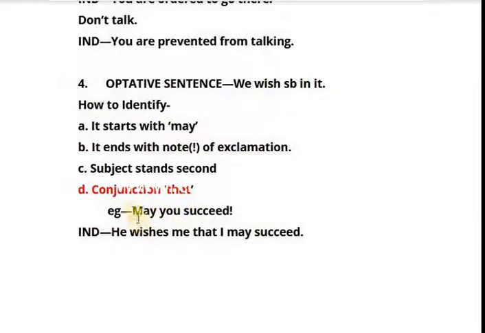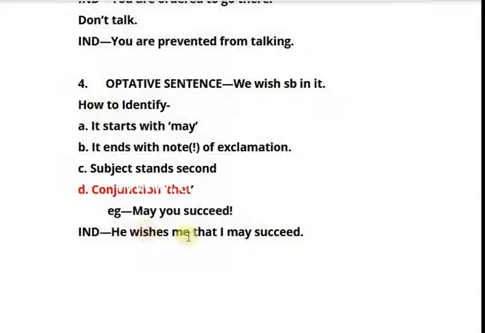So here is the example. May you succeed. This sentence has started with may, the subject, which is you, is standing second, and the sentence is ending with a note of exclamation. So it is an optative sentence. Here is the example of the indirect sentence of the optative sentence.